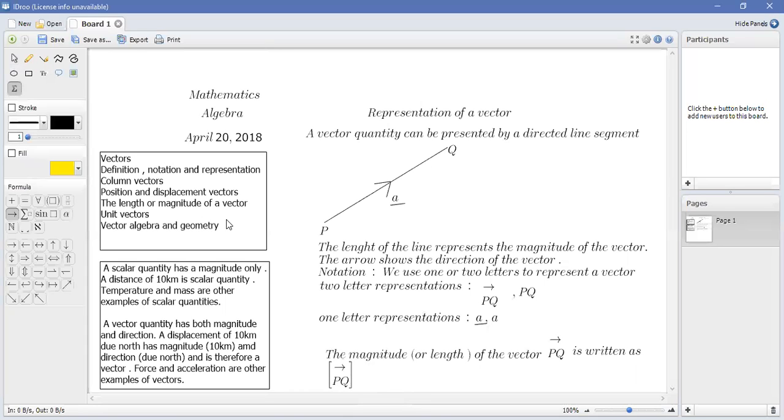When you work out the magnitude of a vector and it equals 1, it is called a unit vector.